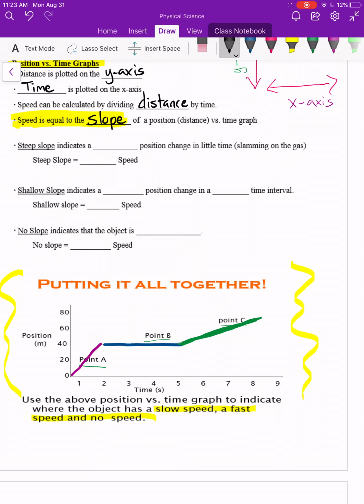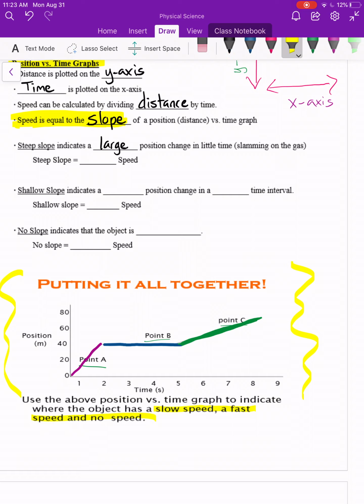A steep slope indicates a large position change, or a large amount of distance covered in a little bit of time. If I go from here to downtown, that's a pretty good distance in a little time. Let's say it usually takes me about half an hour, so if we got down there in 10 minutes, I had to be really booking it.